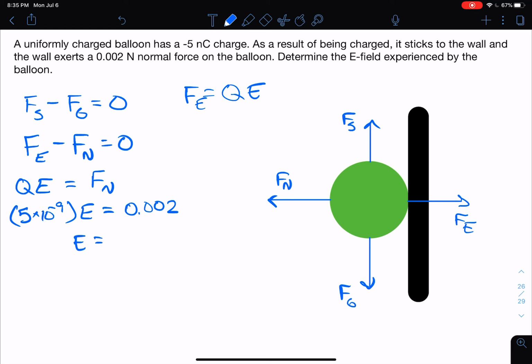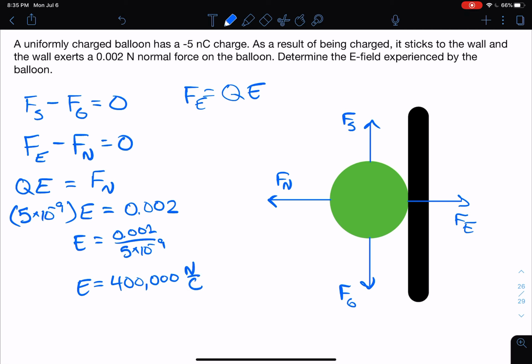That's going to be 0.002 divided by 5 times 10 to the negative 9th. When I do that on my calculator real quick, I get 400,000, and that's going to be newtons per coulomb.